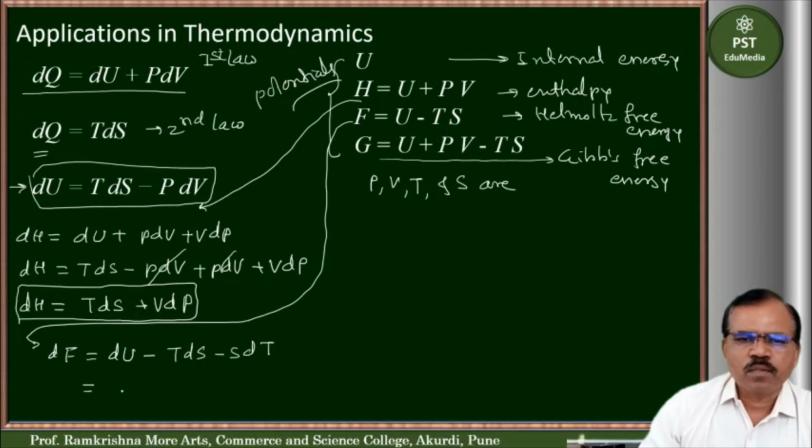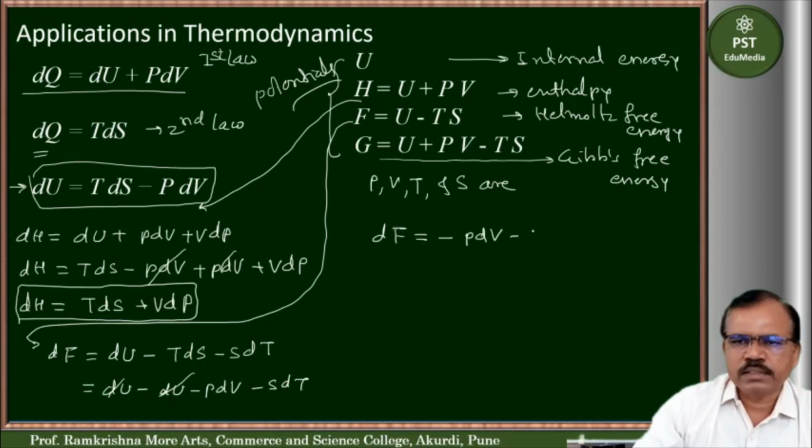So here we can write du minus Tds is du minus du minus pdv, minus sdT. So these two will cancel. So df is equal to minus pdv minus sdT.